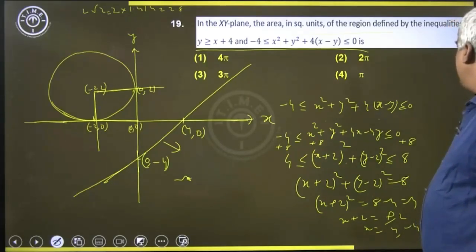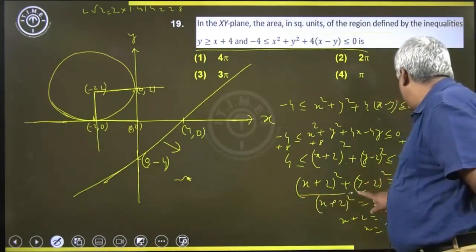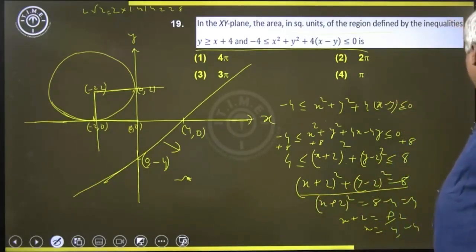But (4, 0) should satisfy the equation, right?